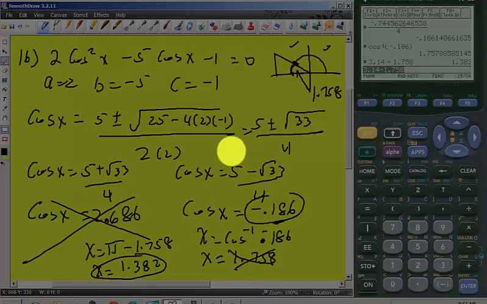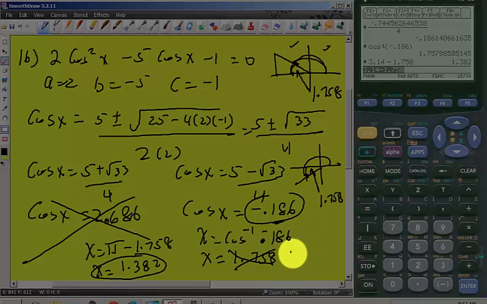I have to put that in with respect to my unit circle. Alright, cosine is negative one more place. Cosine is negative in this quadrant. This angle, I know what that angle is. That's my 1.758. So how do I find the angle from here to there then?